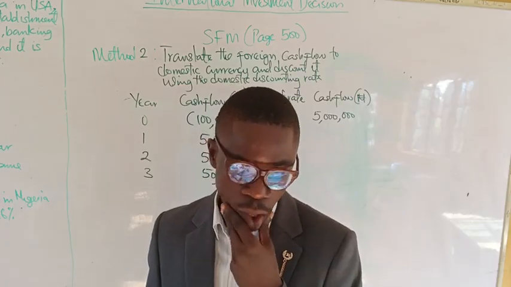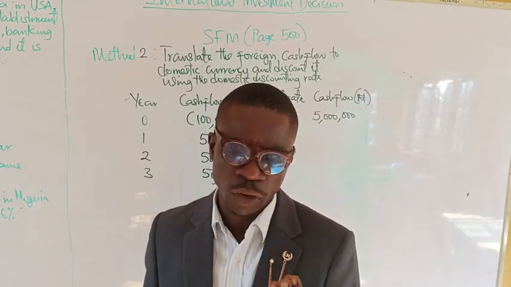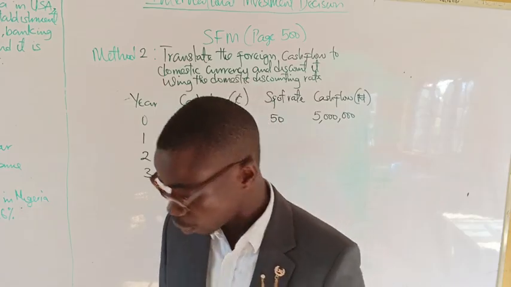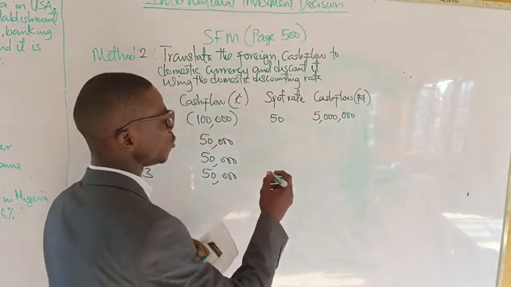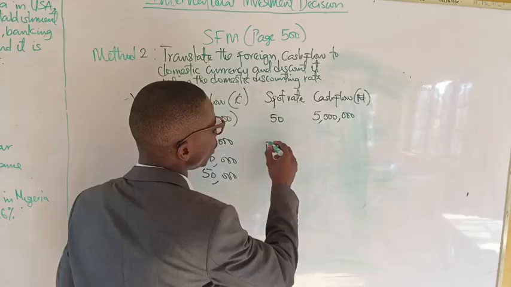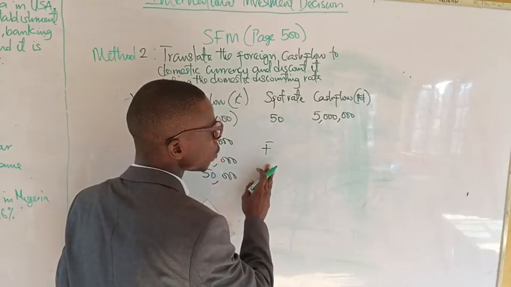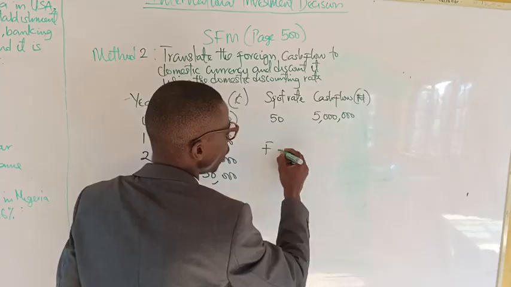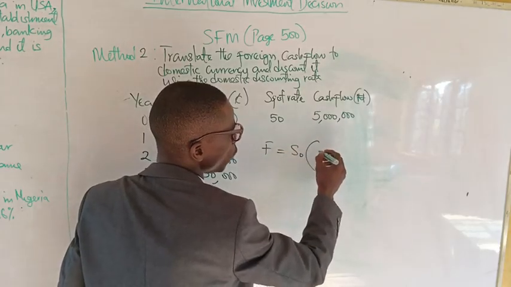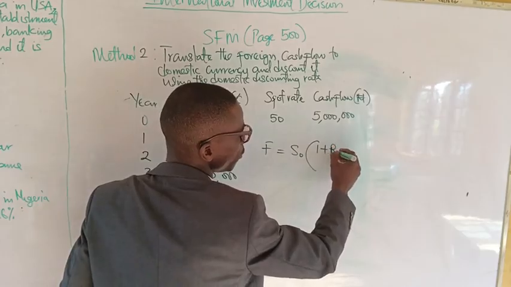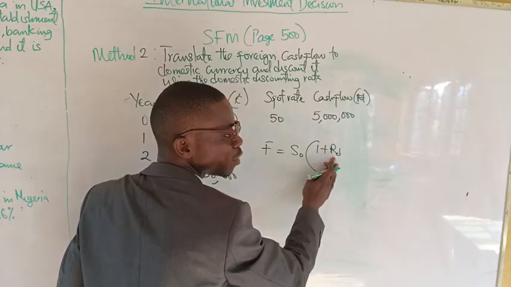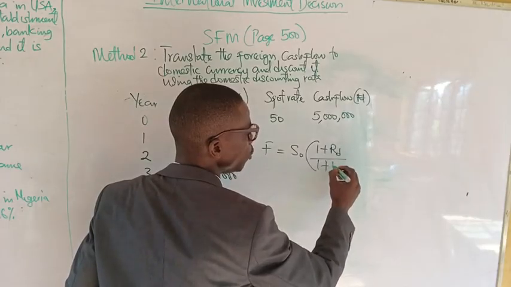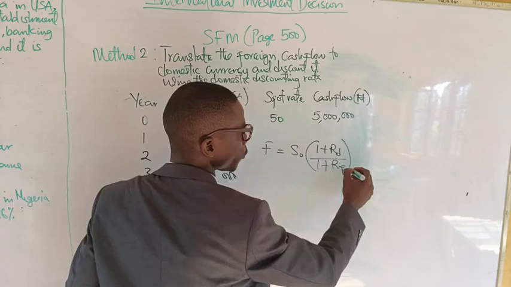Am I communicating? That spot rate, is it quoted using direct or indirect? It's direct. This is what interest rate parity theory says: that for you to predict the future rate, or you call it the spot rate at the future, it is equal to the spot rate now times 1 plus the domestic interest rate, all over 1 plus the interest rate of the foreign currency.